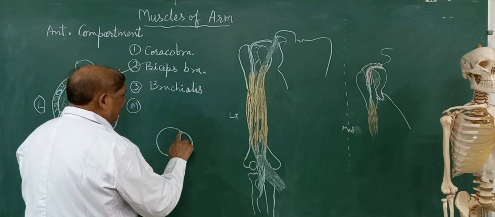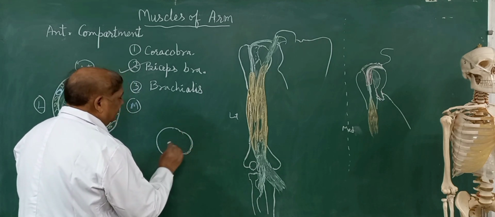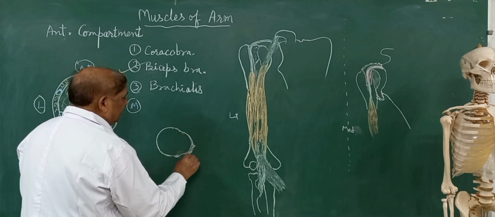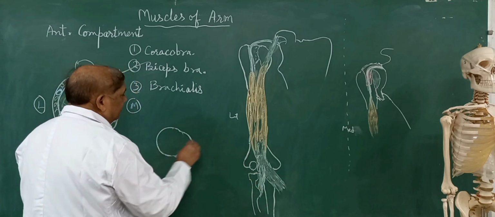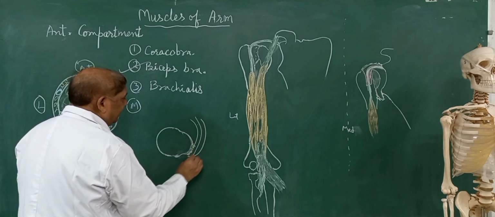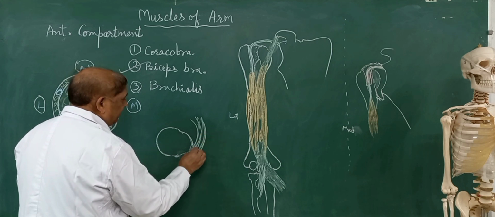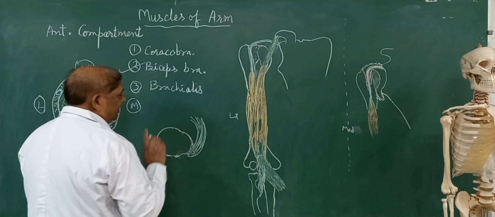Its upper half is smooth, but its lower half is rough, because it gives attachment to the tendon of the biceps. Like this, the tendon will go deep and posteriorly and gain attachment. So this is that tendon of the biceps.